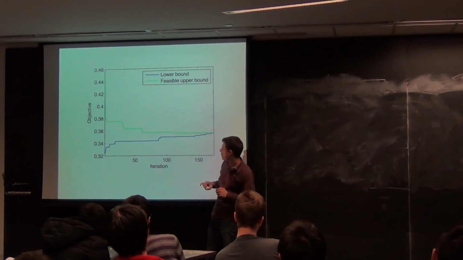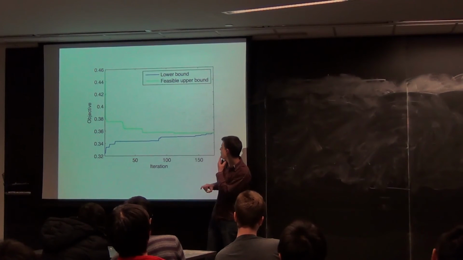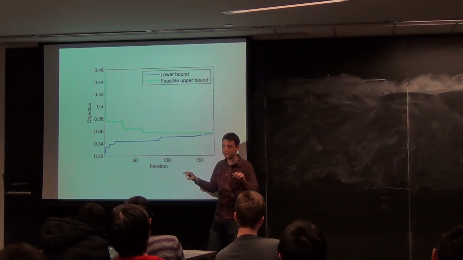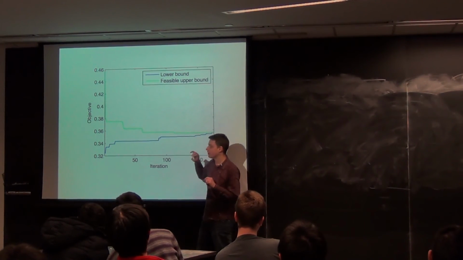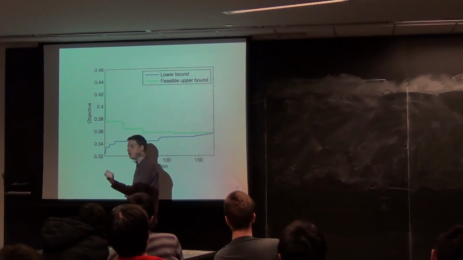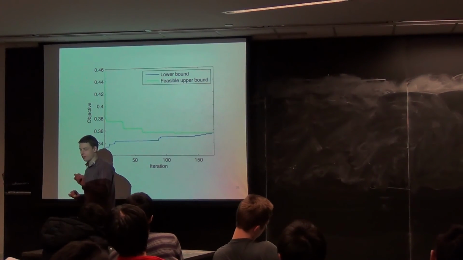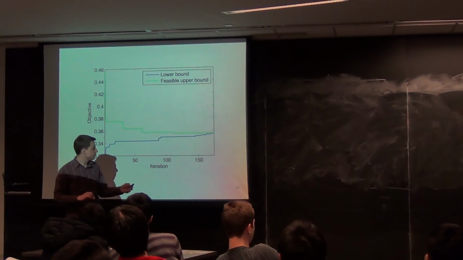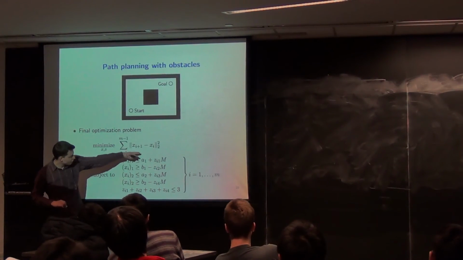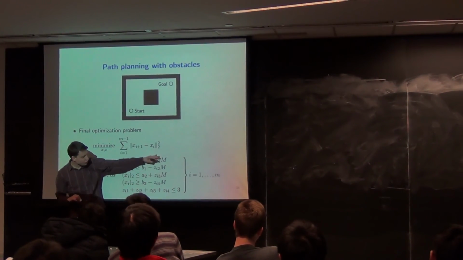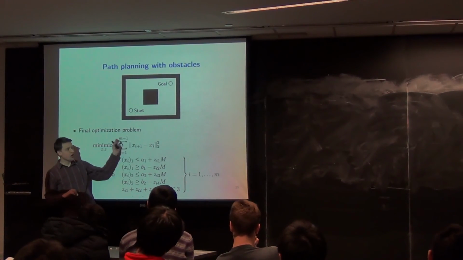And I'm going to plot now the evolution of the upper and lower bounds over time. So remember, the upper bound here is I'm taking my current point, I'm rounding the z values, then solving for the x values. So I'm essentially rounding all my fractional z values here, resolving this.